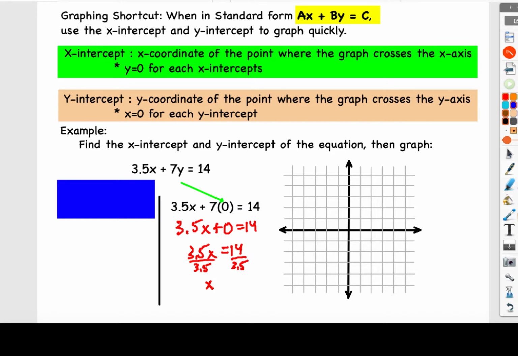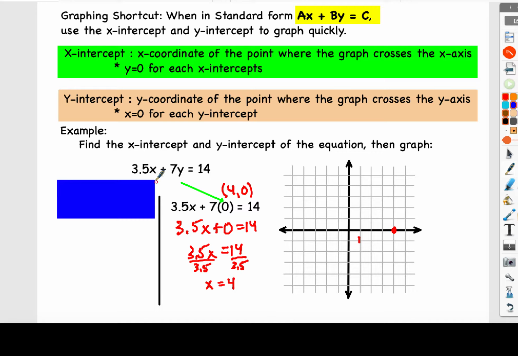It basically comes down to 14 divided by 3.5, which is simply 4. So we would say that our x-intercept, when y equals 0, would have a coordinate of (4, 0). So I could go over to my graph, assuming I'm counting by ones here. I'm going to go 4 units to the right, and I'm going to plot the point (4, 0).